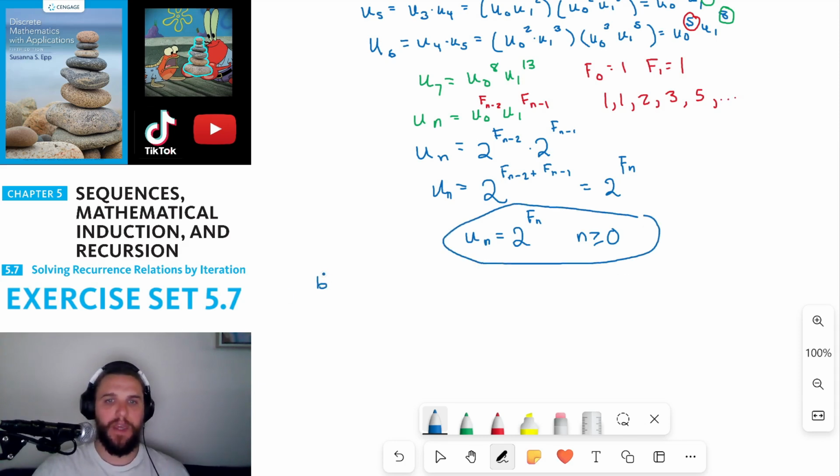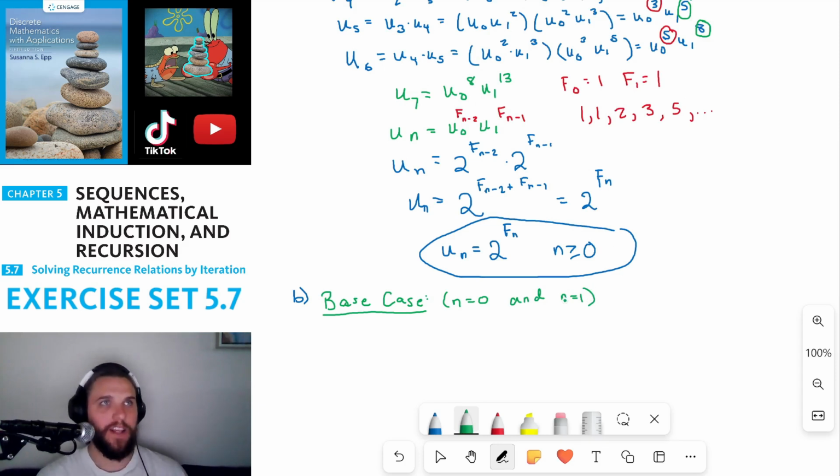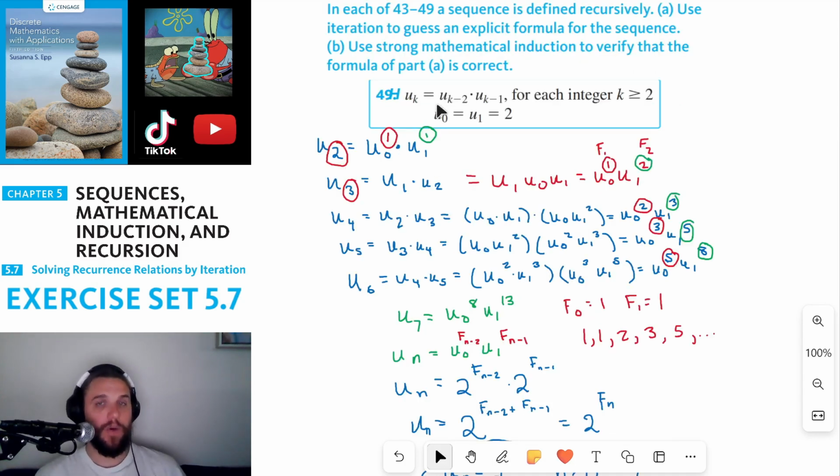Let's move on to part B, where we will verify the correctness of this formula using mathematical induction. Now, to prove the correctness of this formula, we're going to use strong mathematical induction. The recursive definition of the sequence tells us that each term is determined by the previous two terms.